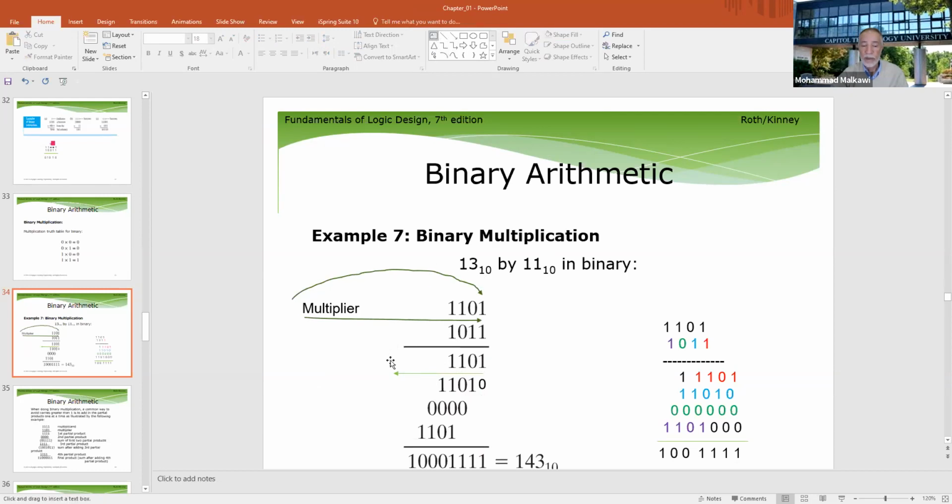I'm shifting my result 1 bit to the left. So my result now is 1101, but shifted to the left. Then I have the zeros. 0 multiplied by all of these is all zeros. Also, this is shifted to the left.